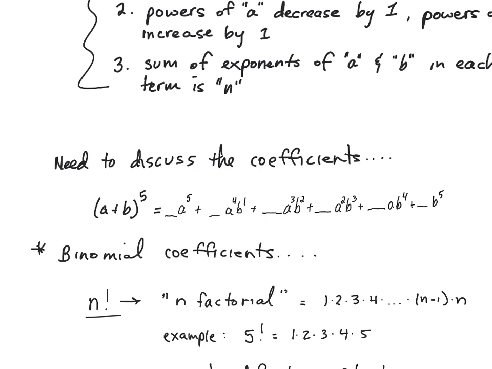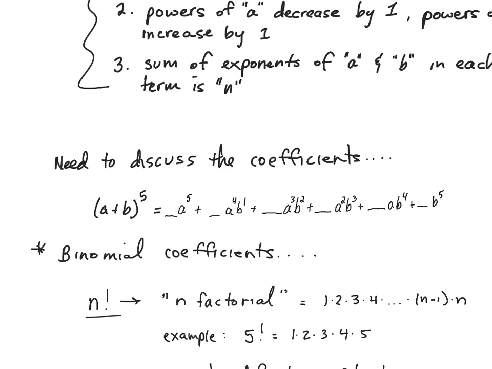This exclamation mark is a mathematical operation called factorial. What it means is you're multiplying all the positive integers up to that value of n, all the way down to 1. So for example, 5 factorial is the multiplication of all the positive integers from 5 all the way down to 1. So it's 1 times 2 times 3 times 4 times 5. That's what 5 factorial means.